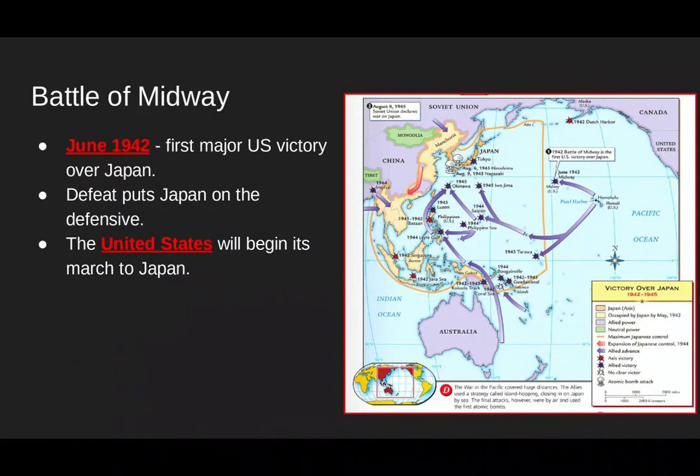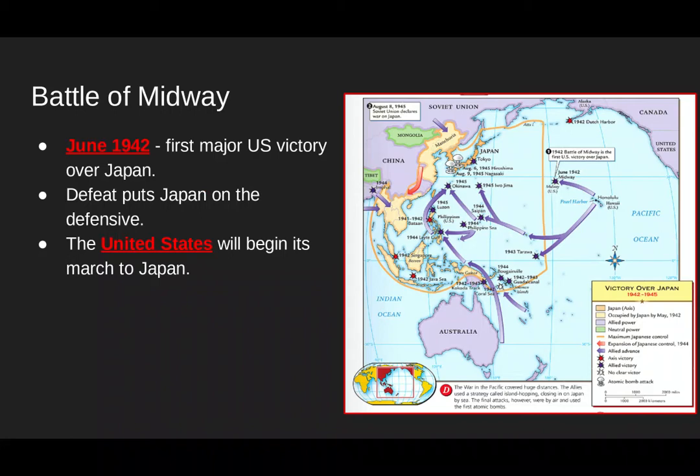And that's where we're going to go now and revisit some of the big events in that theater of war in the Pacific, the Battle of Midway. Okay, this is June of 1942. This is analogous to the Battle of Stalingrad in Europe, coincidentally also 1942.